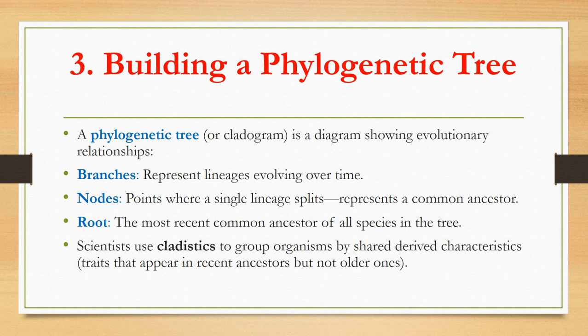Root, the most recent common ancestor of all species in the tree. Scientists use cladistics to group organisms by shared derived characteristics, traits that appear in recent ancestors but not older ones.